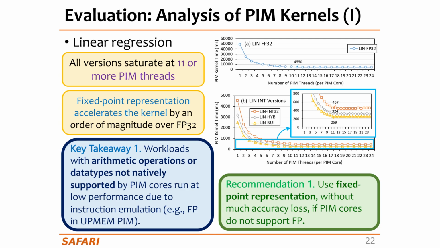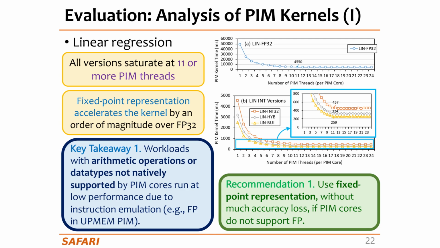As you can already see, the first of the integer versions, this INT32, already saves one order of magnitude in the PIM kernel time. That's because there is a large difference in the execution time of floating point numbers and integers.